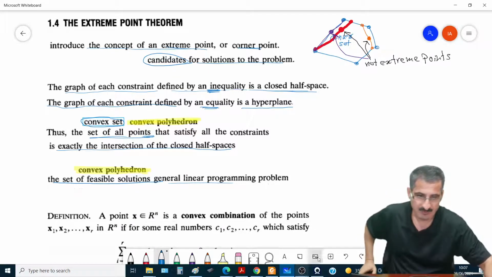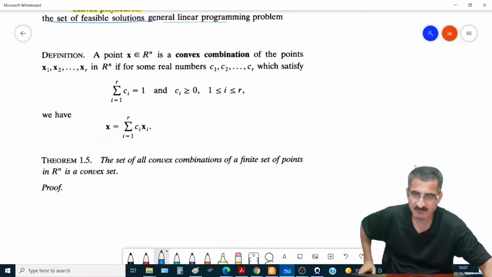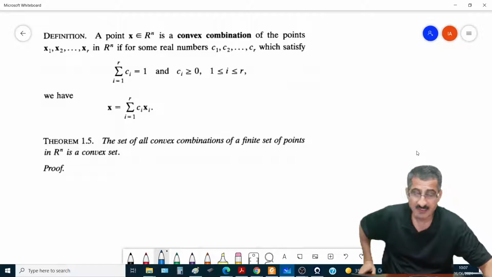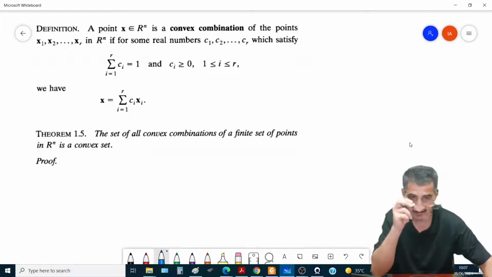Good. Now let us define a convex combination. We defined the convex set.